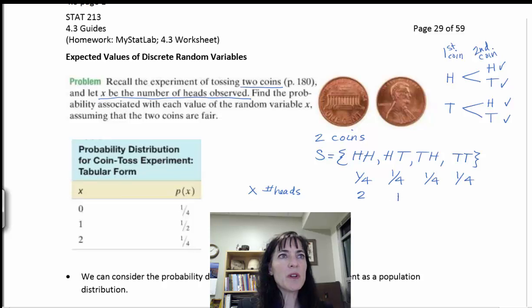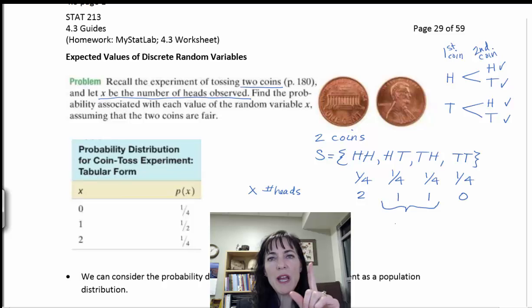This one will give me 1 heads observed, 1 heads observed, and 0 heads observed. So what I have is these two in the middle. These two sample points are giving me 1 head each. It doesn't matter at this point which coin it's showing, but it is 2 different coins each time, a different coin is showing the heads.